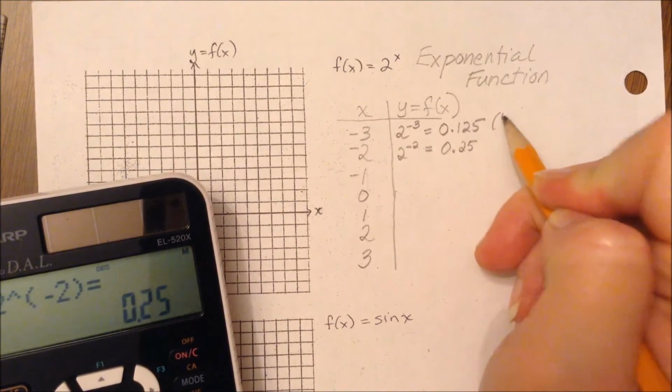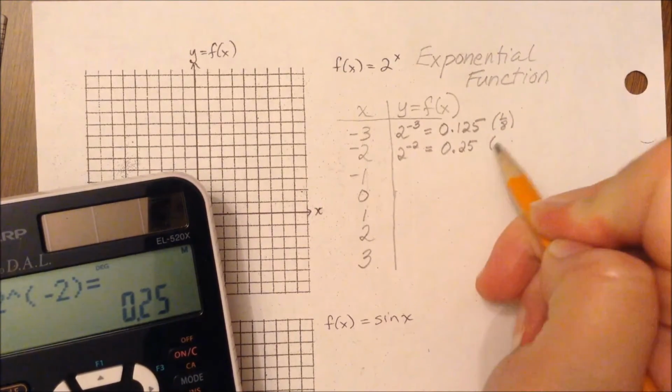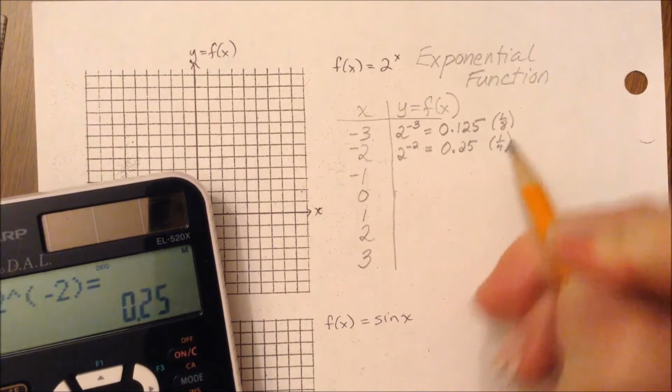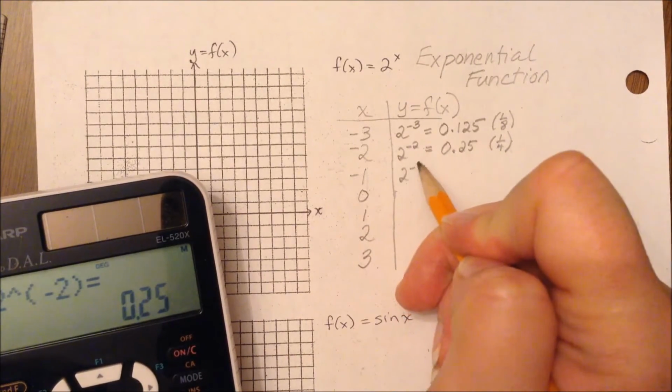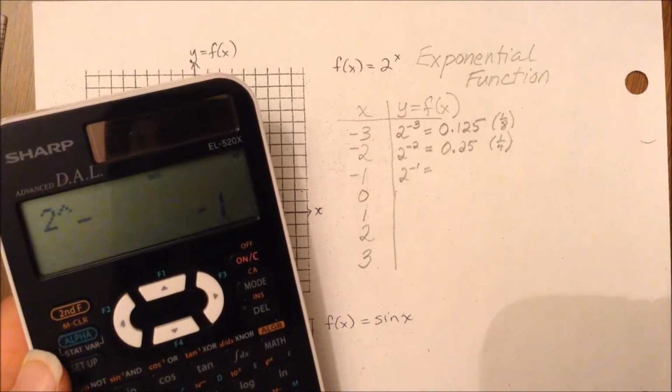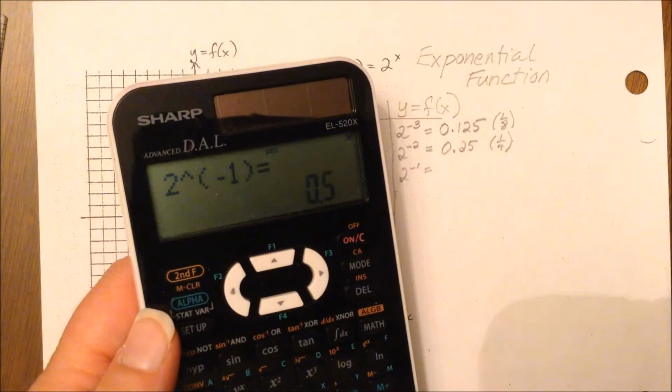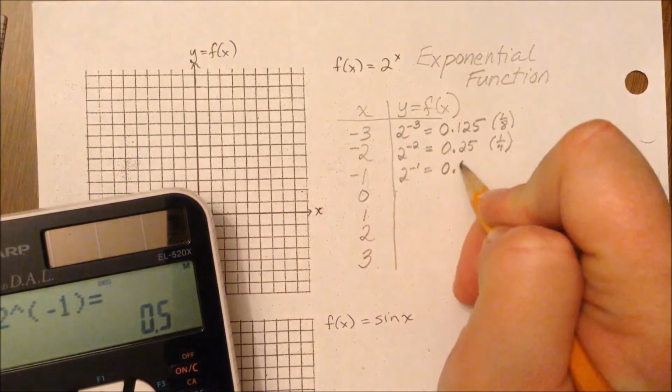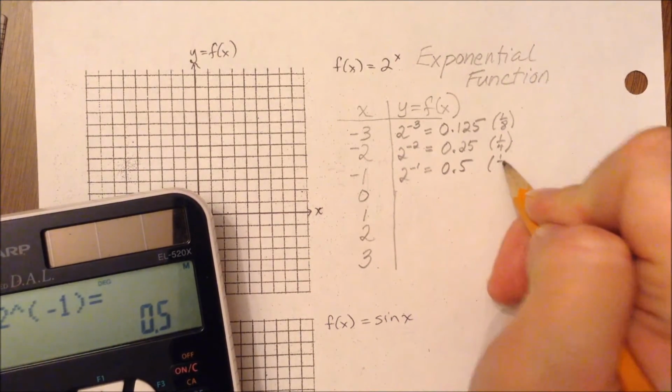I'm just going to put in brackets, and maybe you'll see the pattern. 2 to the -1 is 0.5, which is 1/2.